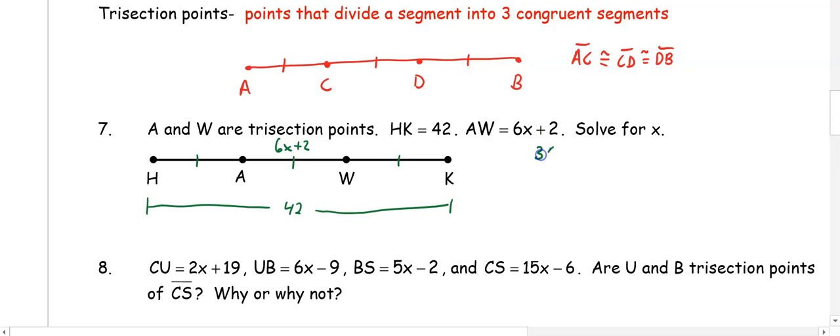So we need 3 times AW to equal our length of HK. So we would have 3 times 6x plus 2 is equal to 42. 18x plus 6 is equal to 42. When we subtract 6 from both sides, we get 18x equals 36. So when we divide, x is 2.